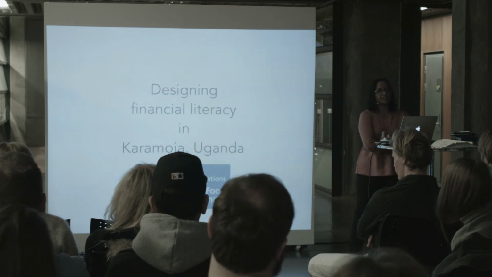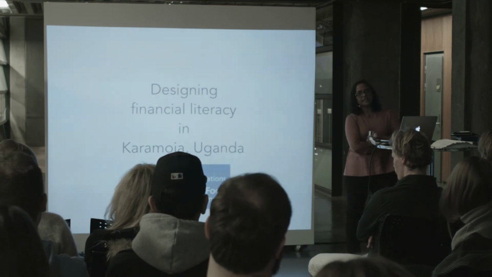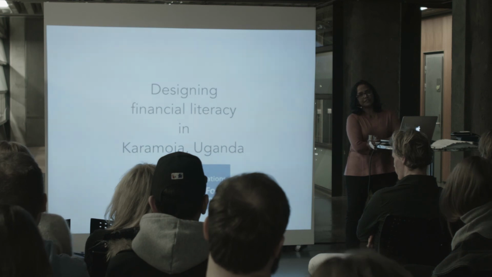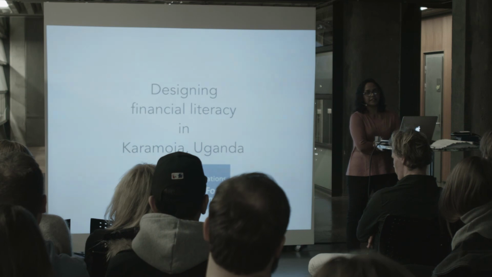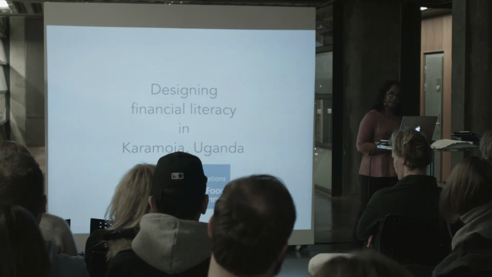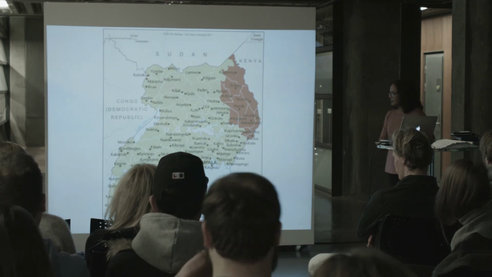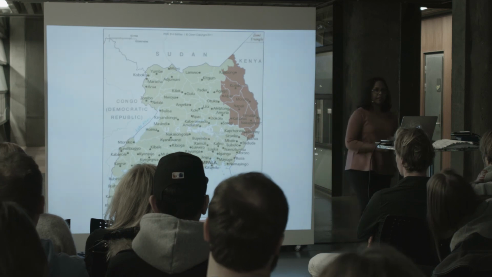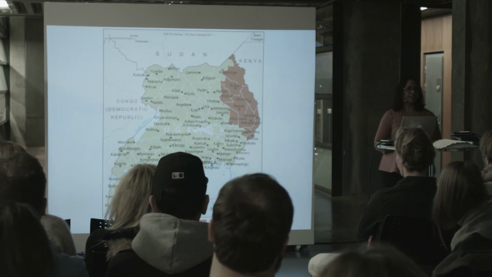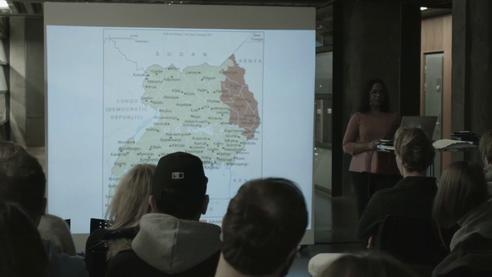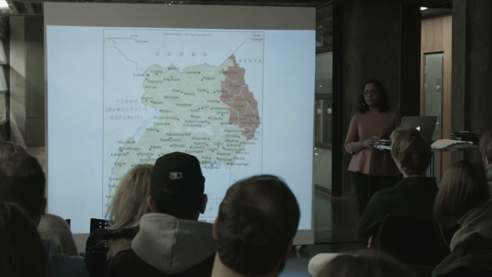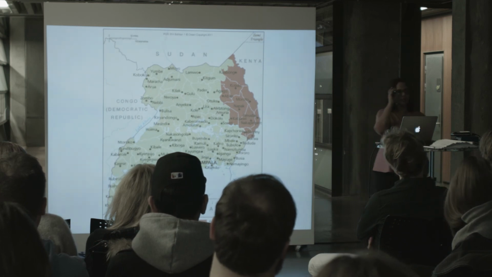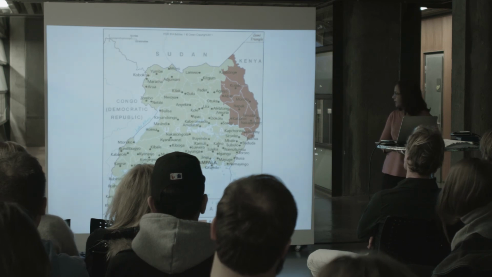So the project, the story I was going to tell you about today, is where we did the designing of financial literacy in Karamoja, Uganda. Karamoja is the northernmost part of Uganda. Like I said, it's one of the poorest areas in the world. More than 50% of people live below the poverty line.